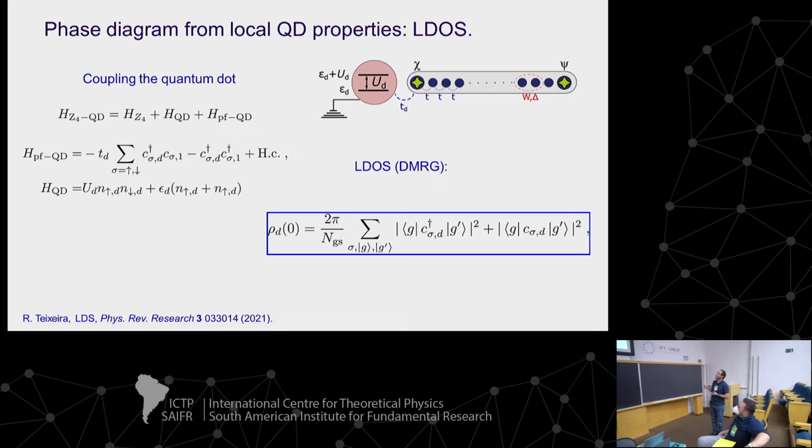We have another site here that is just a regular Hilbert site with energies and U, and in principle you can change these energy levels here. And now we want to calculate the local density of states of this dot and see if that gives me any signatures of which phase you are in the phase diagram.